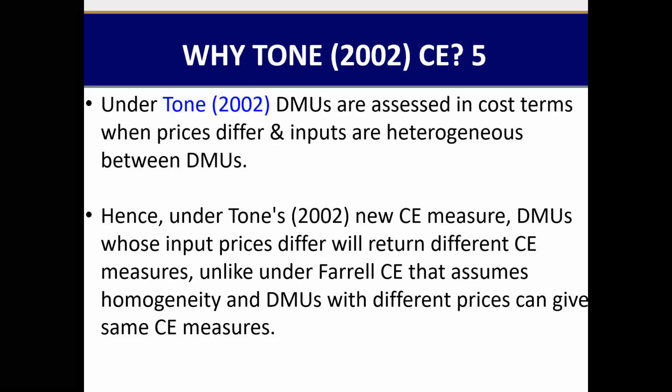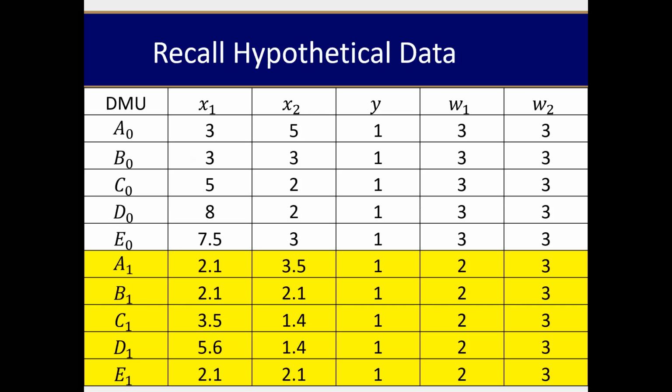So there are two kinds of cost efficiencies here: the Tone's cost efficiency, and then the Farrell cost efficiency. We'll do both using this data set. Let me see whether that is a data set that I use.